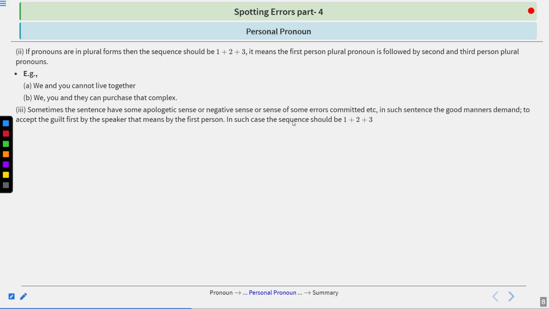So in this case, when there is negativity or some kind of guilt mentioned, we use the following pattern 1, 2, 3, whether the number of the subject is singular or plural. Let's take an example. The first one, I and you are responsible for the loss. I is the first person and you is the second person. The second one, you and he spoiled the party. You is the second person and he is the third person. I hope you've done it.